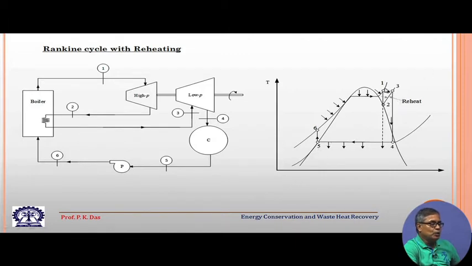From 1 to 2, this is the expansion in the high pressure turbine. 2 to 3, this is heating in the reheater, again in the boiler this reheating process takes place. 3 to 4, this is the expansion of steam in the low pressure turbine, and then 4 to 5 is heat rejection in the condenser. In the condenser that process takes place.